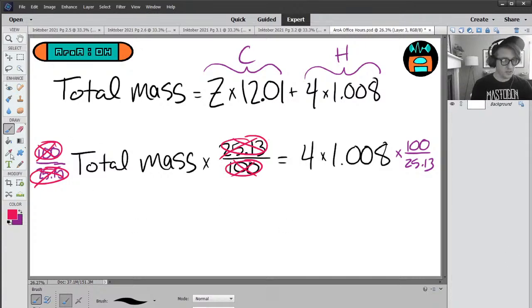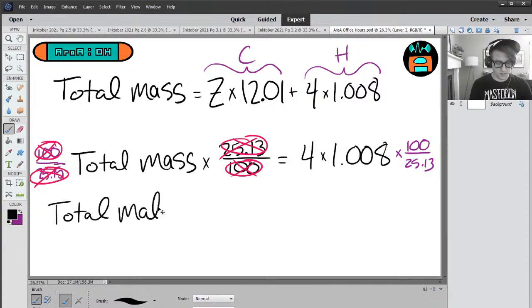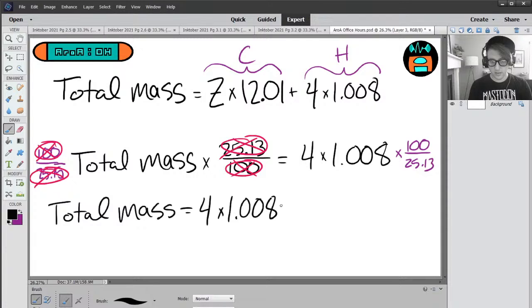In other words, the total mass of this molecule is equal to 4 times 1.008 times 100 over 25.13. And we can calculate the total mass by multiplying all these things together.